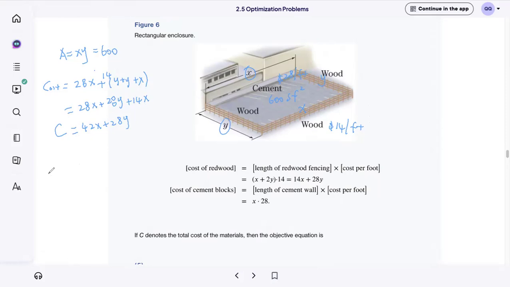So what do we do? We're going to use this one.